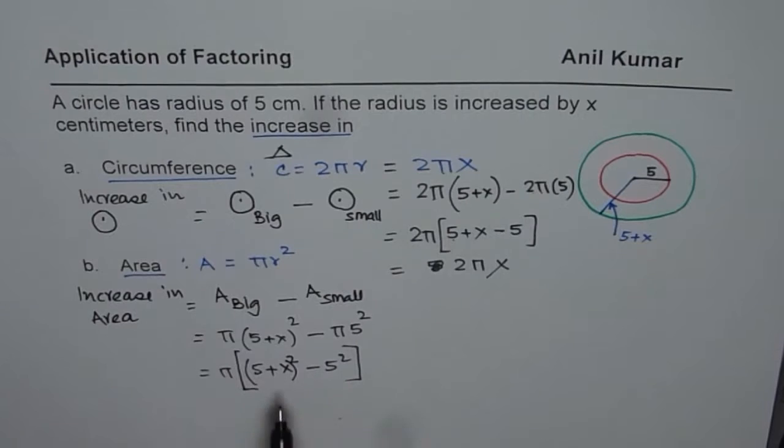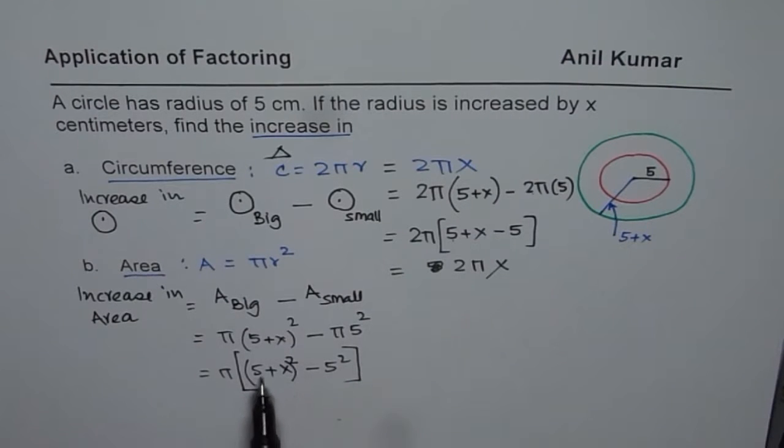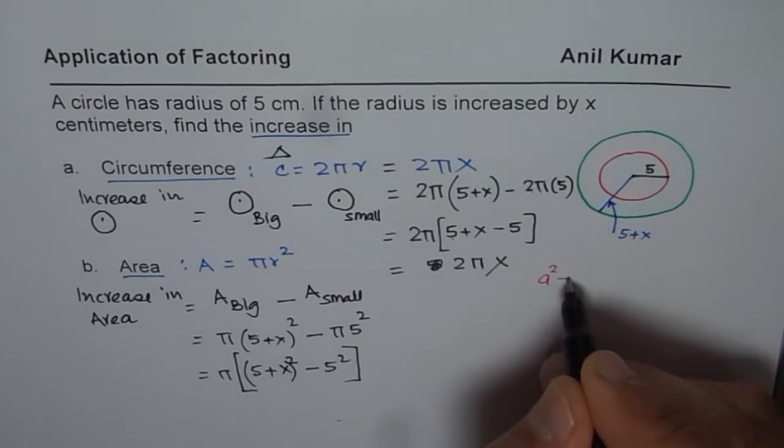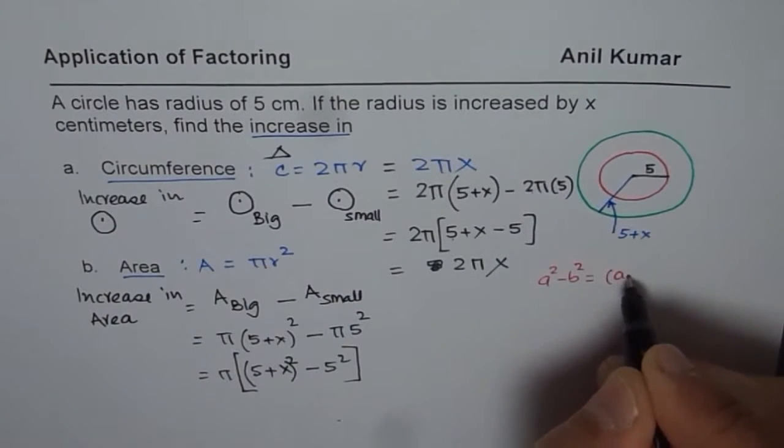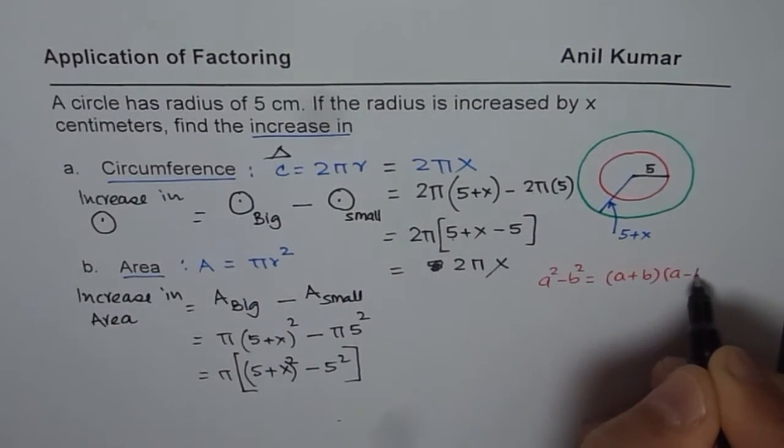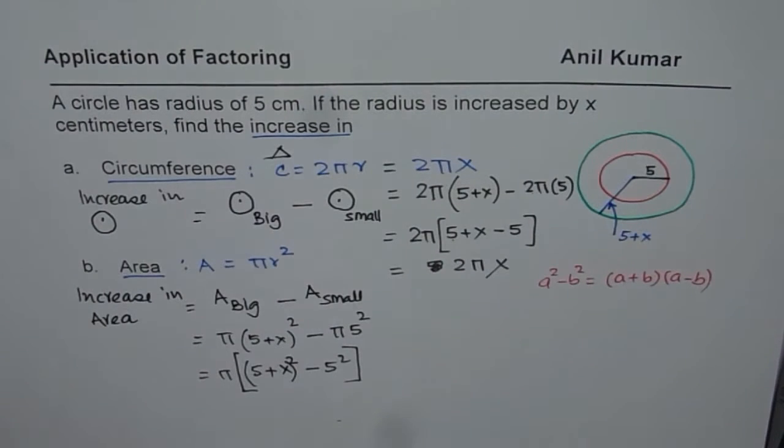You see that? Now at this stage, we could expand, simplify, or we can use factoring techniques, difference of squares. I hope you remember a square minus b square is equal to a plus b times a minus b. So that is difference of squares, equal to product of sum and difference. So we'll apply that difference of squares now.